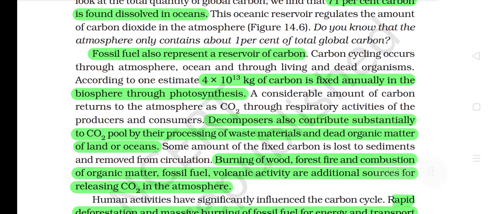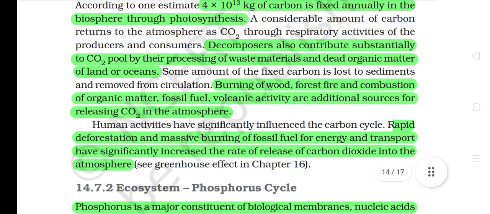Carbon cycling occurs through atmosphere, ocean, and through living and dead organisms. According to one estimate, 4 x 10^13 kg of carbon is fixed annually in the biosphere through photosynthesis. A considerable amount of carbon returns to the atmosphere as CO2 through respiratory activities of the producers and consumers.